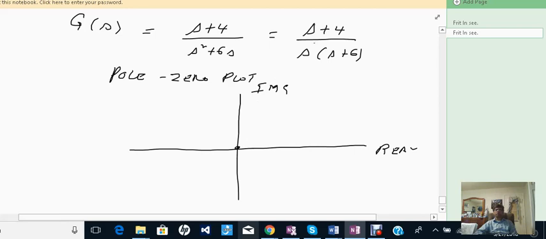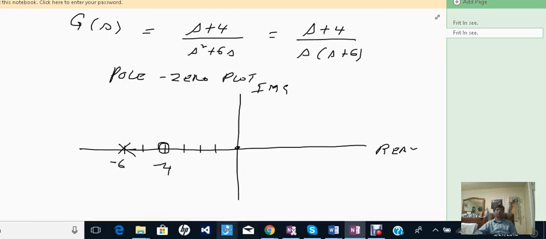You can see that there is a zero on the left hand side at minus 4: 1, 2, 3, and 4. So minus 4 is right here, and you put a circle there because there is a zero at minus 4. Then there is a pole at minus 6, so 5 and 6, and you put a cross like that. And in this transfer function there is also a pole at the origin.